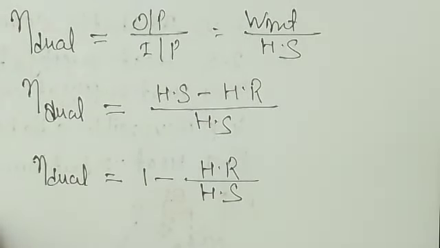The heat rejection is mCV (T5 minus T1).